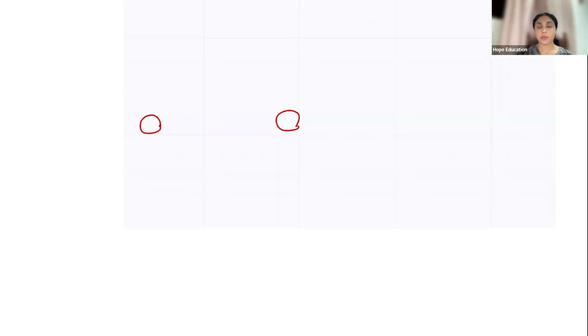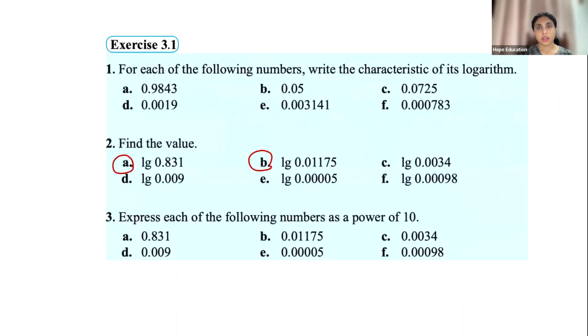Okay. Did you understand what I told you? In 3.1, do A and B. For this, I will give you 5 minutes. Okay, quickly start. Those of you who cannot see the whiteboard, I will send the link in the main chat.